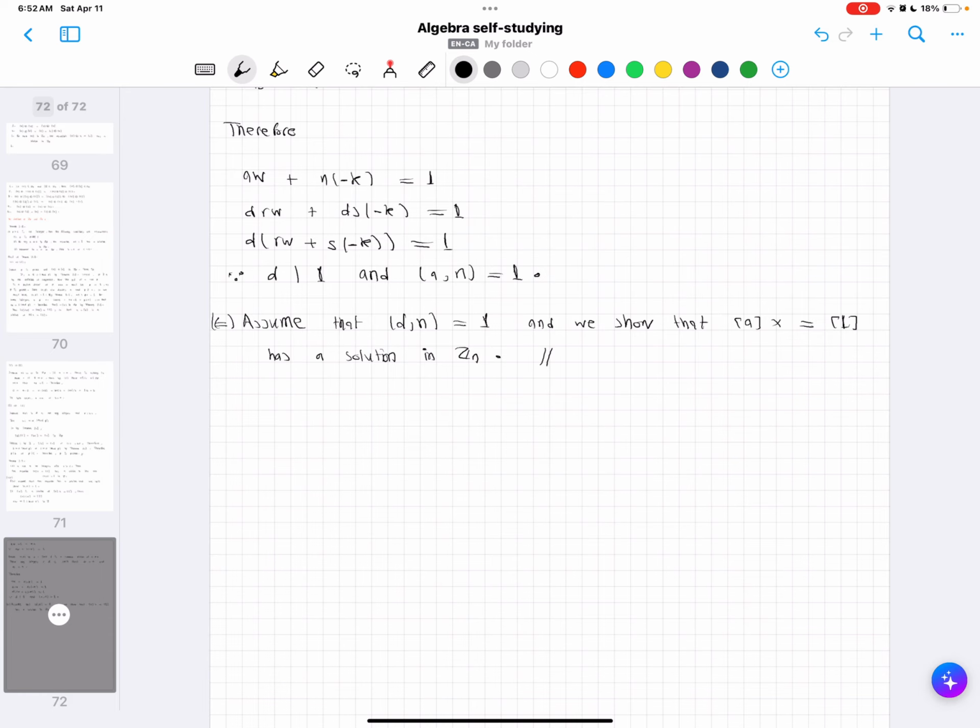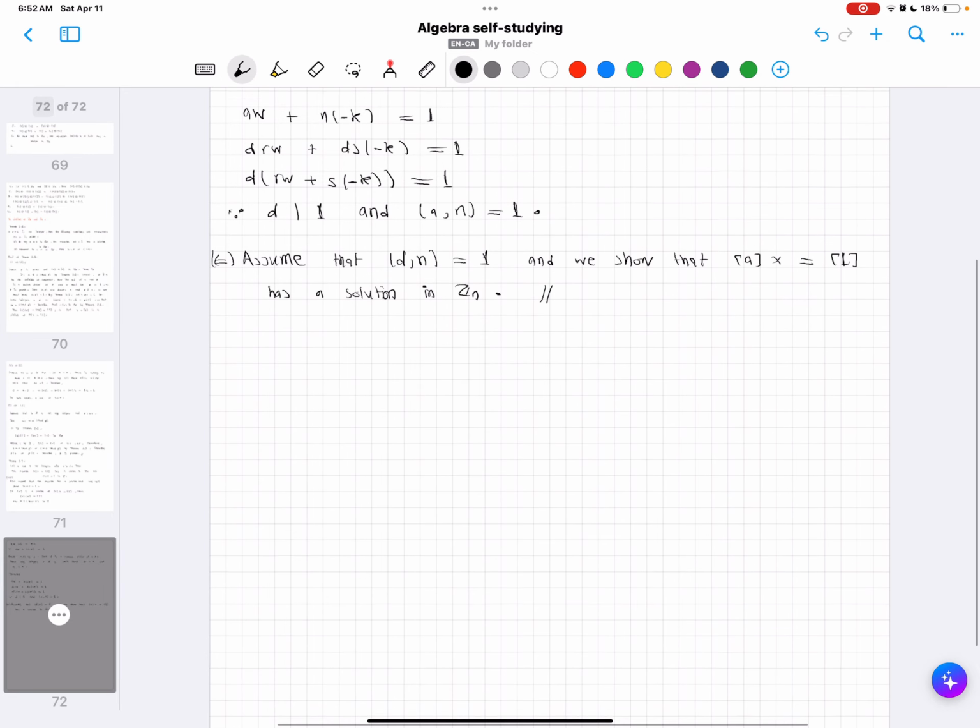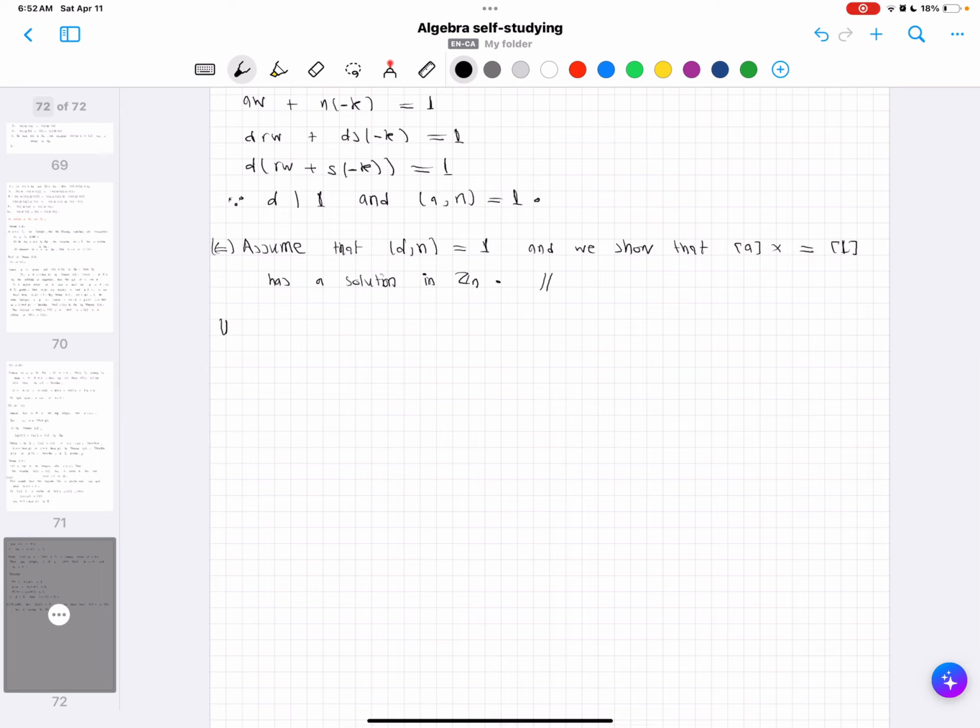So before we close this subsection off, let's discuss units and zero divisors quickly. An element is a unit if the equation ax is equal to 1 has a solution.